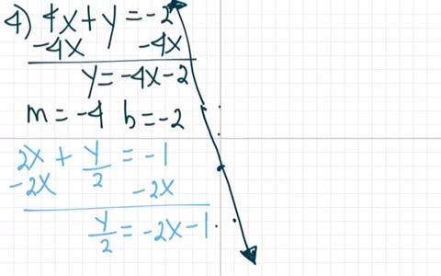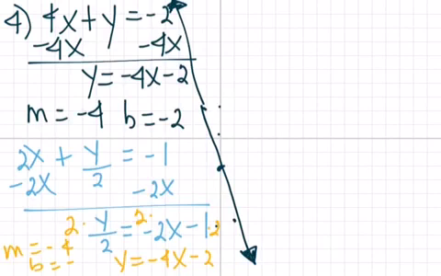The way to undo divide by 2 is to multiply by 2. But if I multiply this by 2, I have to multiply every one by 2. So that gives us y equals 2 times negative 2 is negative 4x. Negative 1 times 2 is negative 2. So our slope is negative 4, and our y-intercept is negative 2.